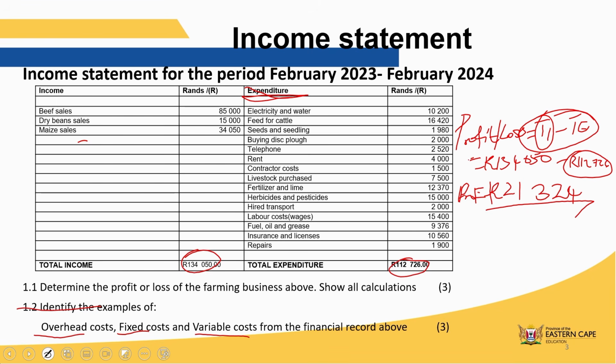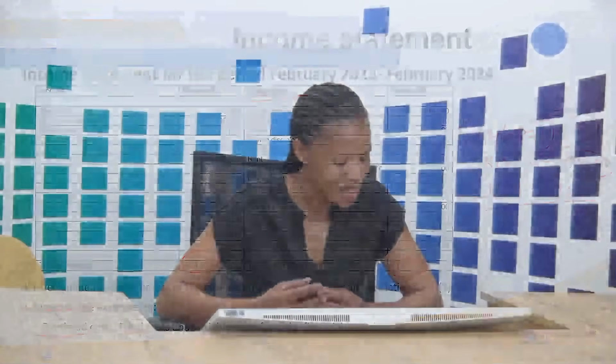For example, let's start with the overhead costs. Overhead costs are general costs. These are the costs that are not directly related to any specific type of business. They can be incurred by any type of business. For example, repairs. Repairs can be paid by any type of business.